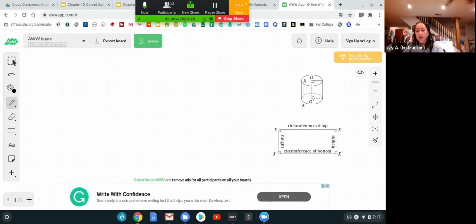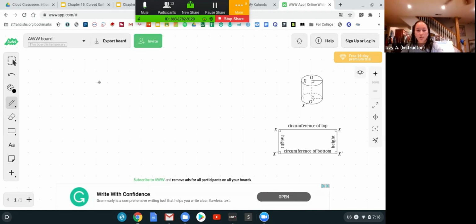As I was saying, what you can do to figure out the lateral surface area is roll out this cylinder so that you end up having this rectangular shape. Then you could see that this is the circumference at the top, this would be the height, and this is the circumference of the bottom.